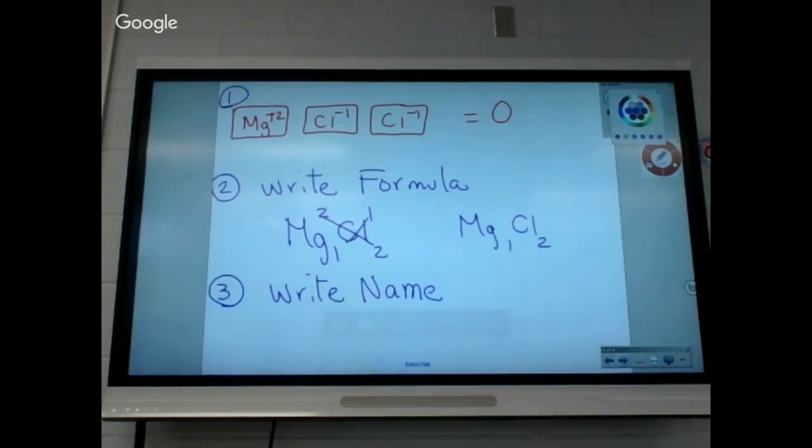No. Don't write "and" in the middle of any of your names. It's not aluminum and bromine. Write the name the way it's supposed to be written today. When you get to where you're writing the ions, did I write "ion" in the name of anything in the last 2 days? Remember, when you combine it, is it an ion anymore? That's right, you're going to put the ending on it, but you're going to get rid of that ion part when you combine it. So don't put ion in the name.